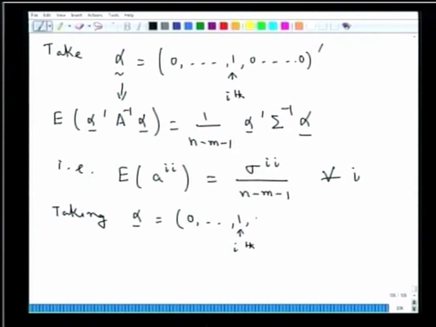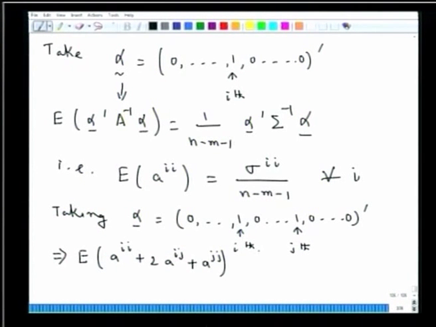So if this is the ith position and this, say, is the jth position and 0 at all other positions, once again using this particular result, alpha prime A inverse alpha would imply that expectation of A upper ii plus 2 times A upper ij plus A upper jj, these being all the elements corresponding to the A inverse matrix, would be equal to, from the right hand side, sigma upper ii plus 2 times sigma upper ij plus sigma upper jj, that is coming from alpha prime sigma inverse alpha, divided by n minus m minus 1.